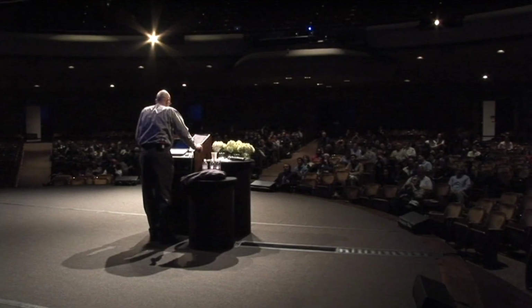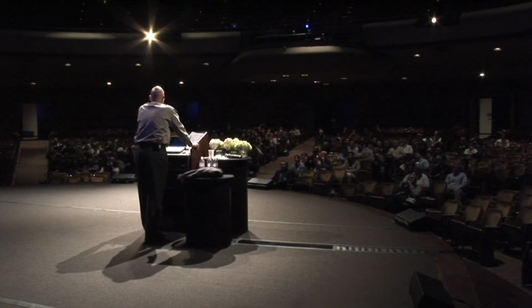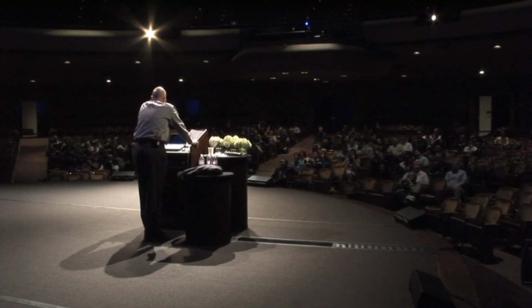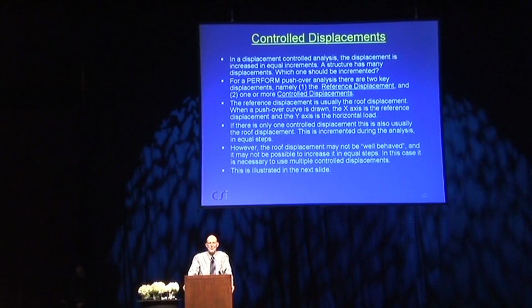So that is the reference displacement, and it usually is the displacement at the roof. But there's a second type of displacement, and this is the one that you want to increment equally in each step. Now, the obvious choice, and the choice you frequently use, is the same displacement, the roof displacement. But it doesn't have to be.